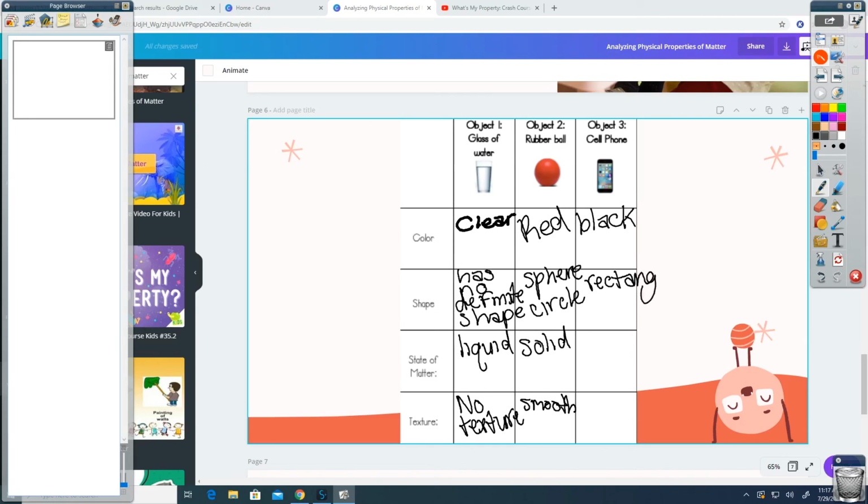Its state of matter, cell phones are definitely not liquids, definitely not gases, so it must be a solid. And this texture, I'd also say that phones are pretty smooth. They're hard, so we're going to say hard and smooth.